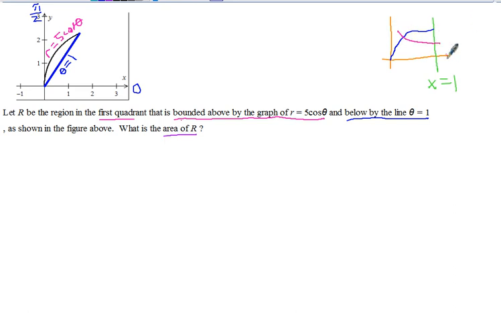So when you have that, just like x equals 1, this is either going to be the upper limit of our integral, or the lower limit, one or the other.